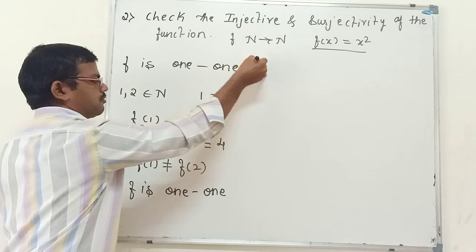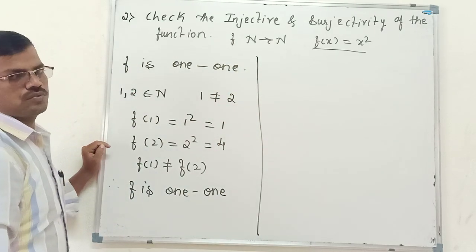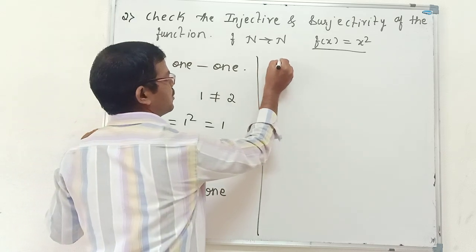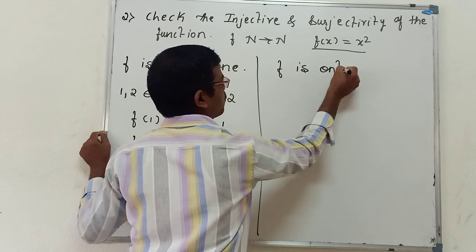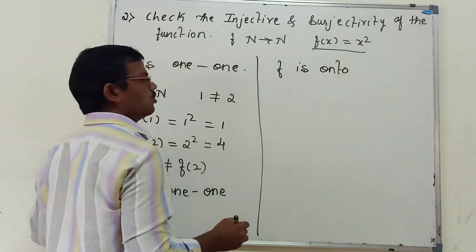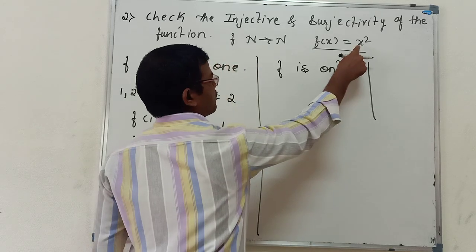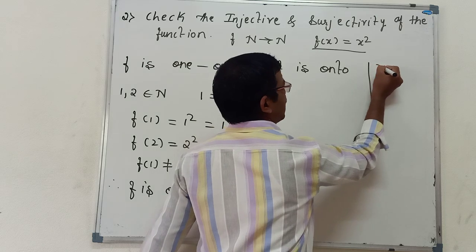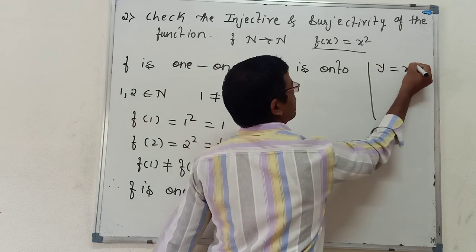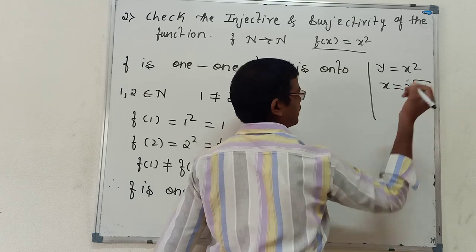The second one we move to is surjective. Surjective is nothing but the onto function. So is f onto? For onto, we have already said in the previous example that we have to convert x in terms of y. So y is equal to x square, x is equal to root y.